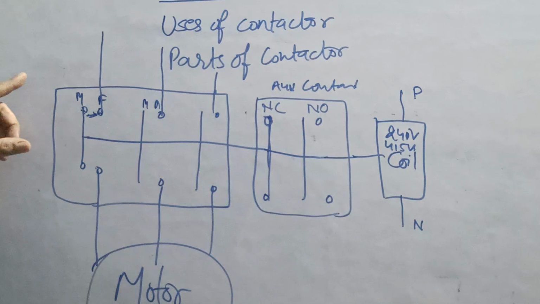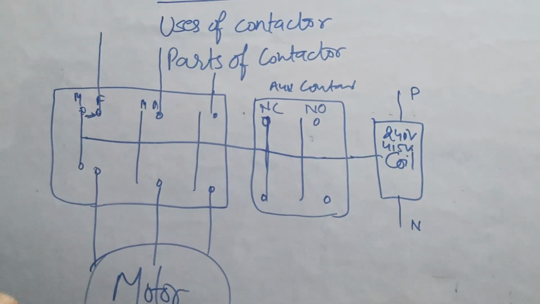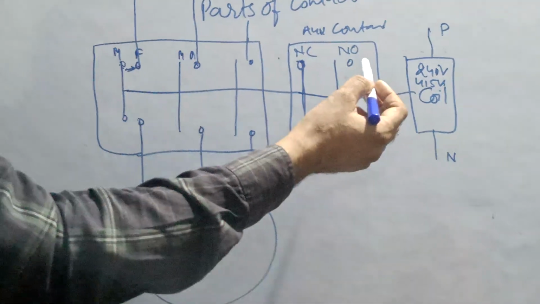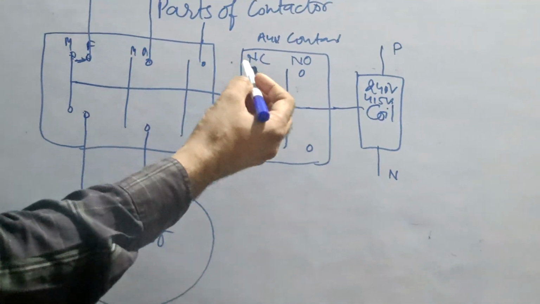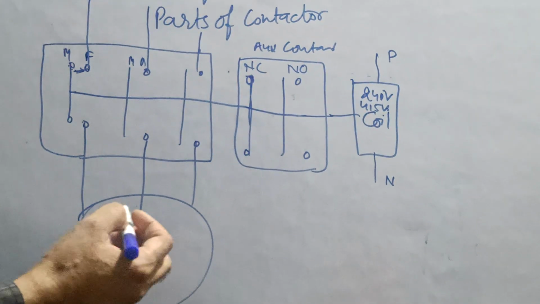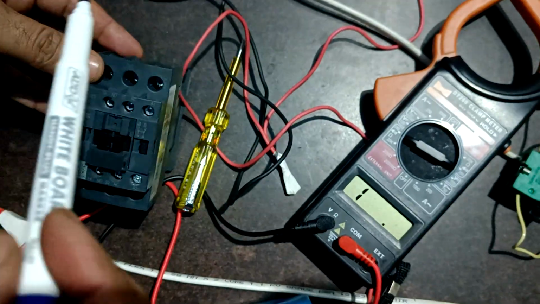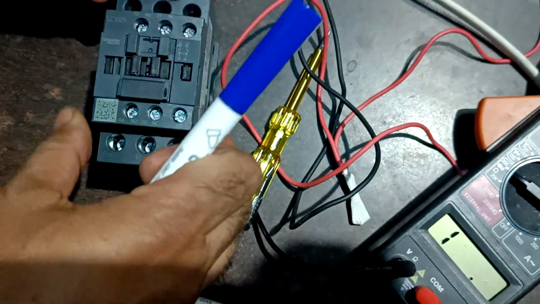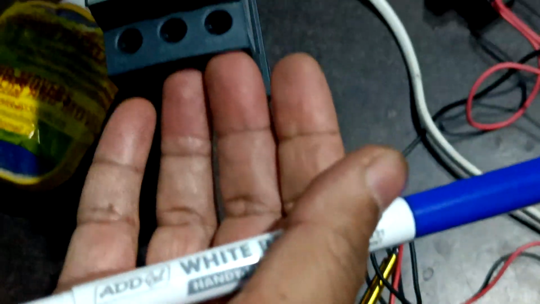Power supply will move from here, and to switch on the contactor we have to apply NC and NO contact. This consists the controlling diagram, which we need to understand. This is the power contact of contactor. Power supply will come here and will go here to the motor.